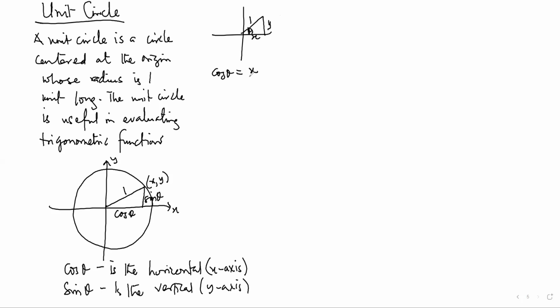So that will be x over 1, which is x. Sine will be y over 1, which is y. Okay, that's right. Then the tan theta will be your y over x. So this is all you should note.